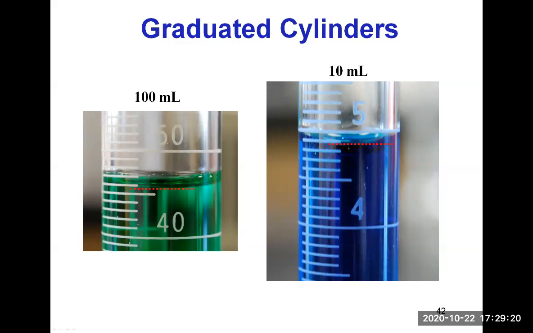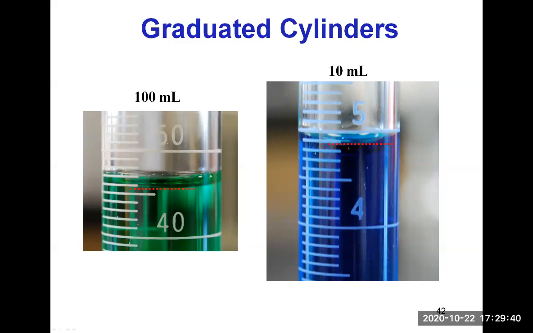When you are looking from the side with your eye at the level of the meniscus, there is a thickness to the meniscus. So you need to read where the meniscus is the lowest, at the bottom. The red line shows where you should read.